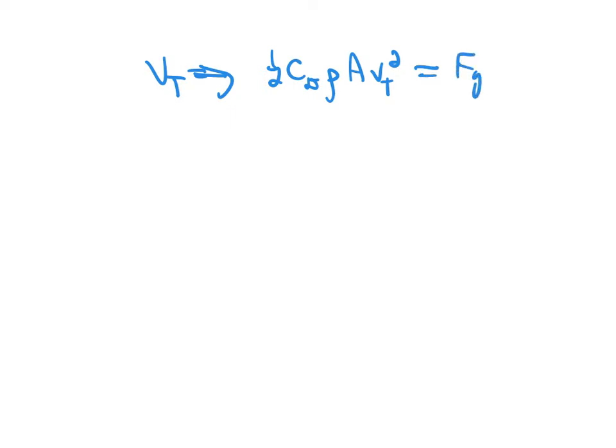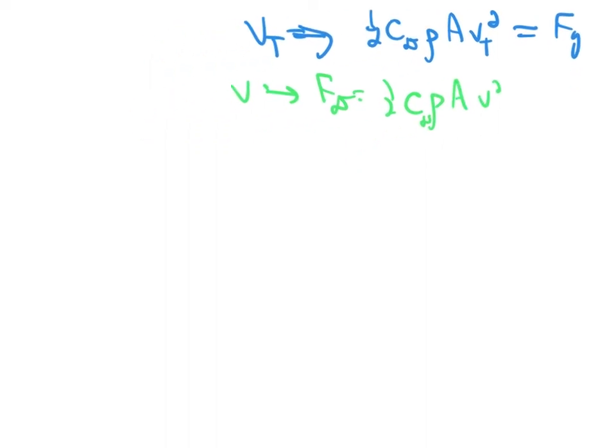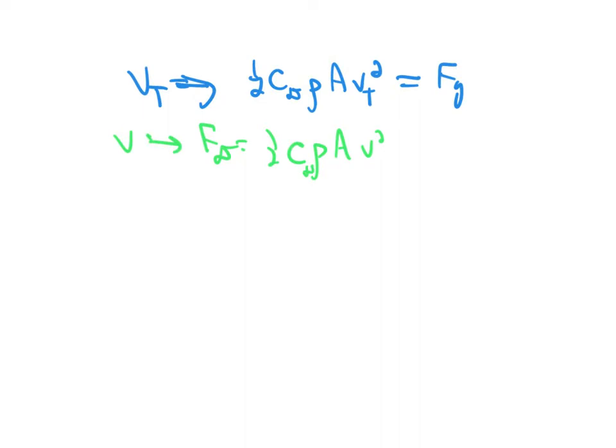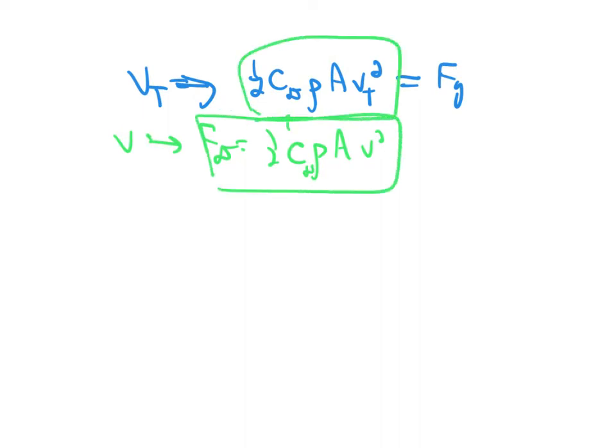But if we have V greater than that, then the drag force is 1/2 C_D times rho times A times V squared, and clearly this is bigger than this, which means that this is bigger than that. So we have that the drag force is greater than the weight.